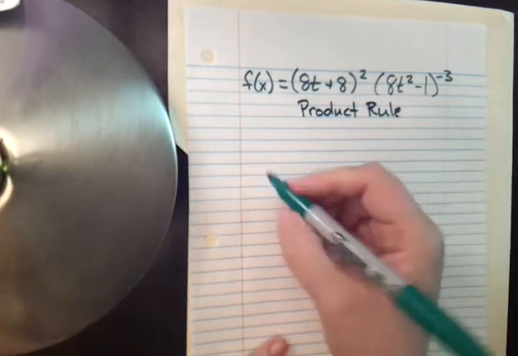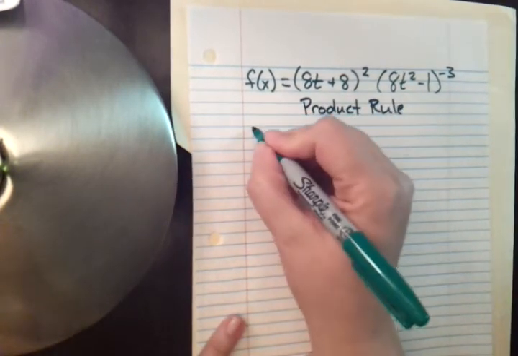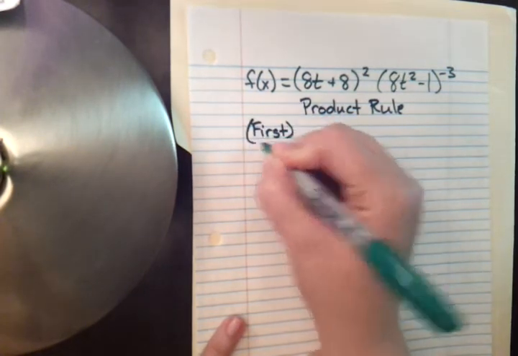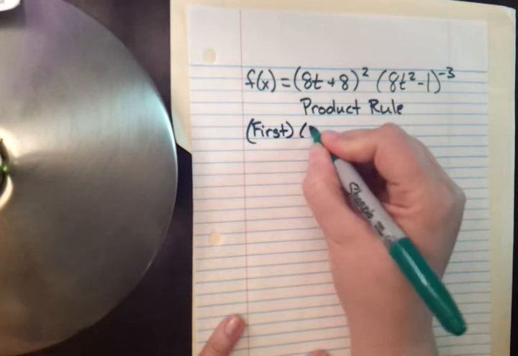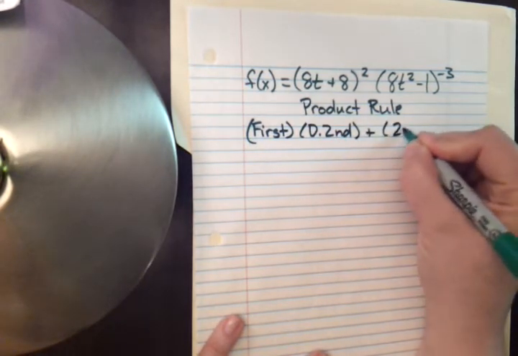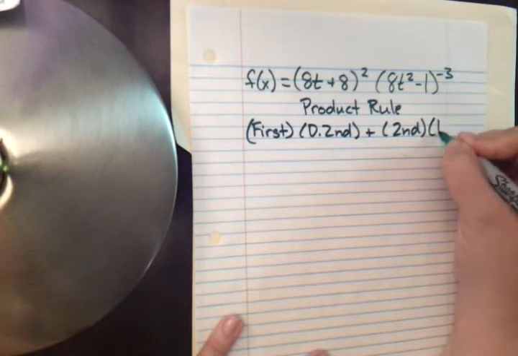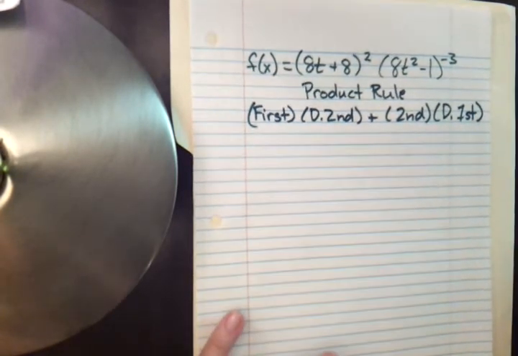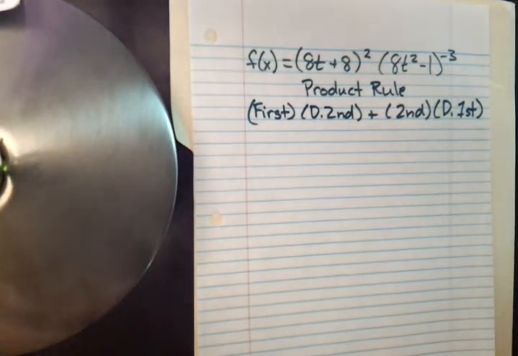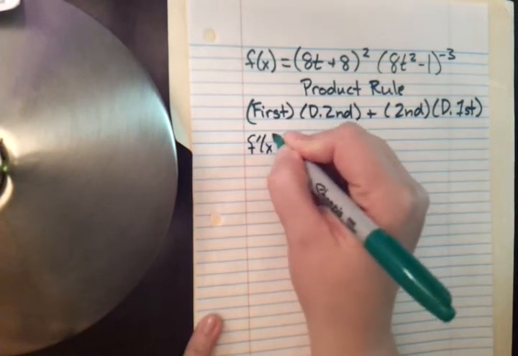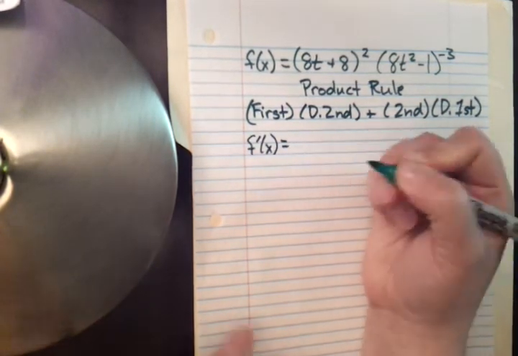The product rule says that we need the first function times the derivative of the second function plus the second function times the derivative of the first. So let's start. We need the product rule. We won't worry about the chain rule until we actually need the chain rule.